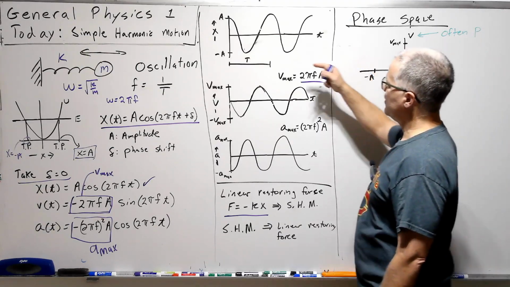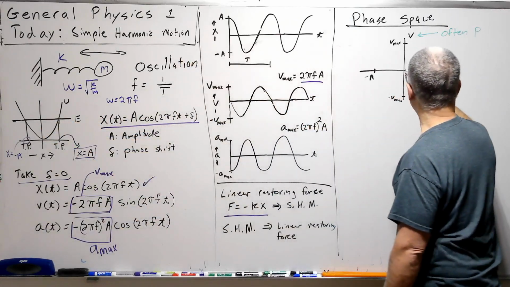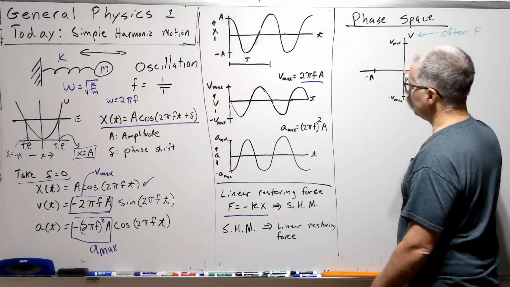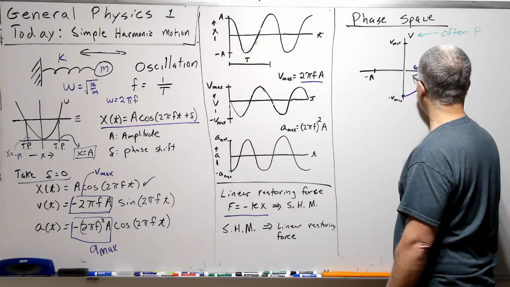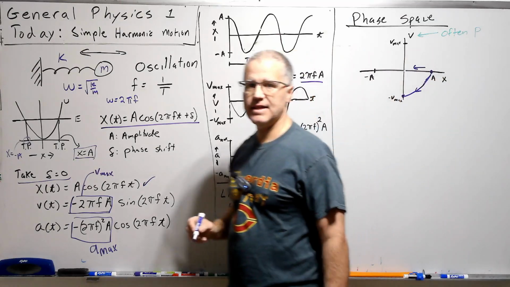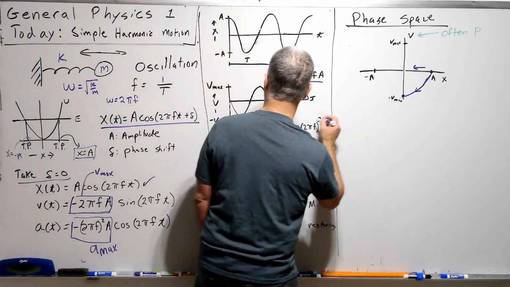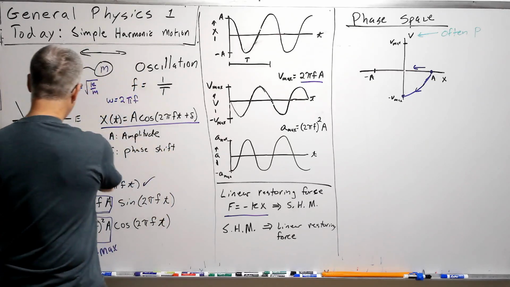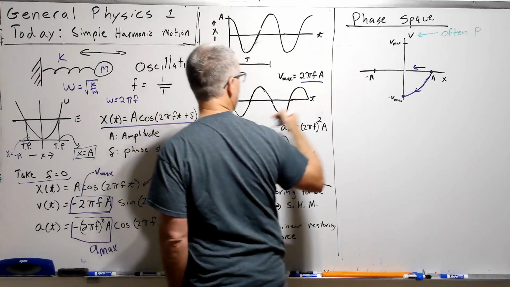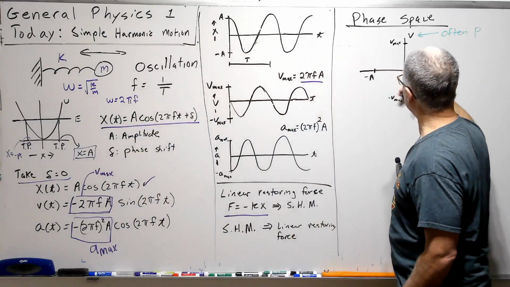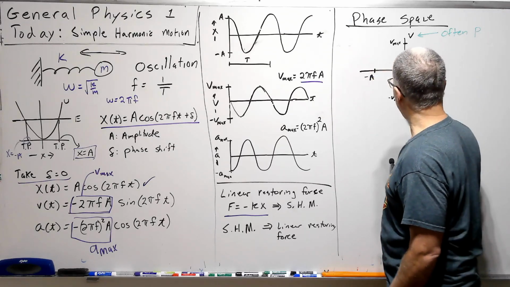Now, as we get to here, I'm at position 0. Right? I'm 0 here, but I'm at the maximum negative velocity here. And then I continue to go, but as I start to go past this point, I start to slow down. So I start to come up this way, right? Less negative as I go more negative in x.